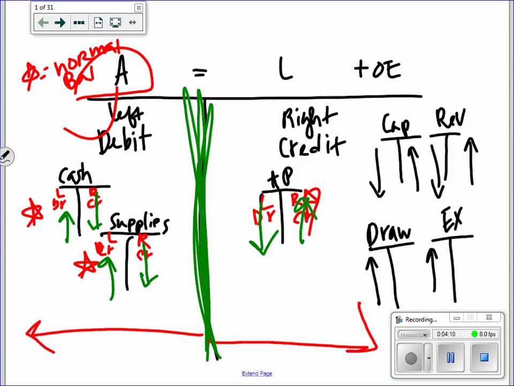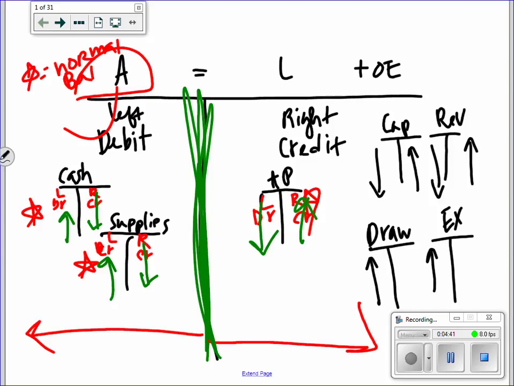Left always means debit. Right always means credit. Does it always mean increase or decrease, though? No, it depends on what side of the big T you're on. Does debit for an asset always mean increase? Yes. You got to be careful on a test question. A test question, which, by the way, I already took the test last night. The test might read something like, does debit always mean increase?